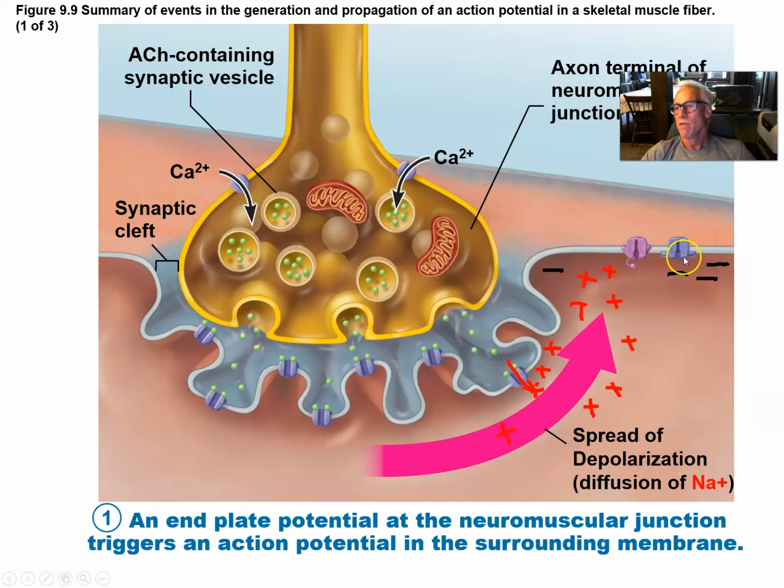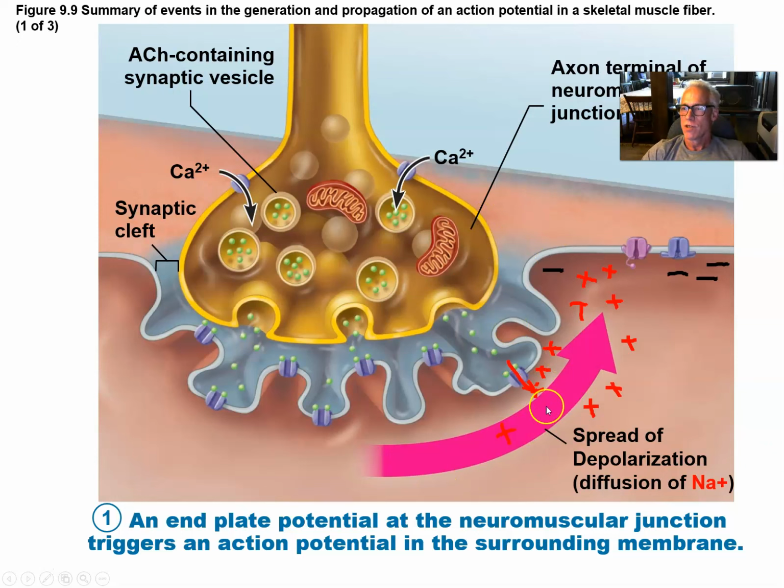And in the perimeter of the neuromuscular junction are two types of membrane protein channels, a sodium channel and a potassium channel, both of which are electrogenic, electrically sensitive or gated. These channels remain closed whenever the interior is negative, but when the interior becomes positive or depolarized, they open.